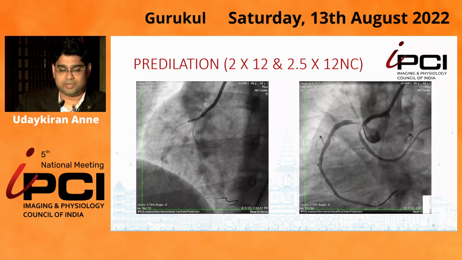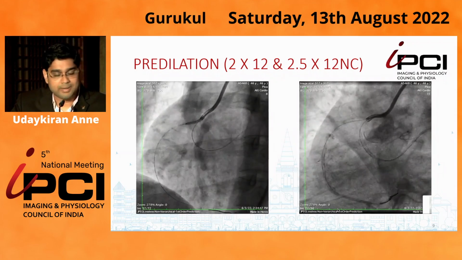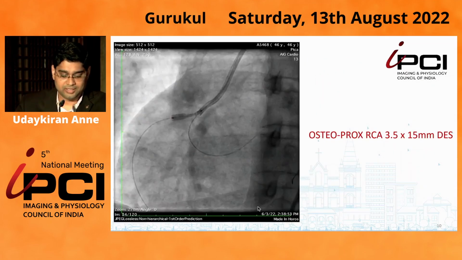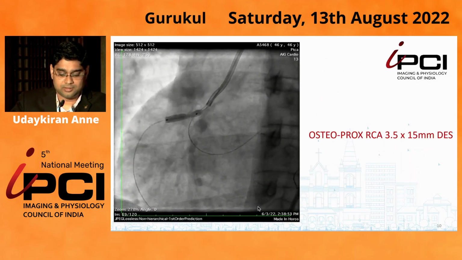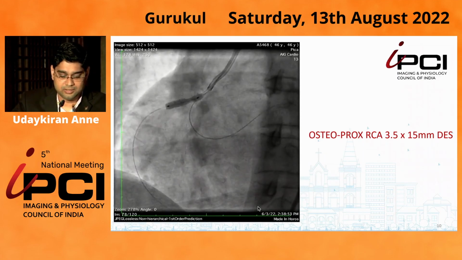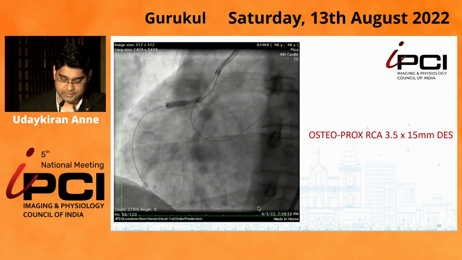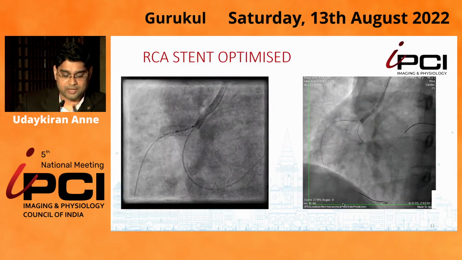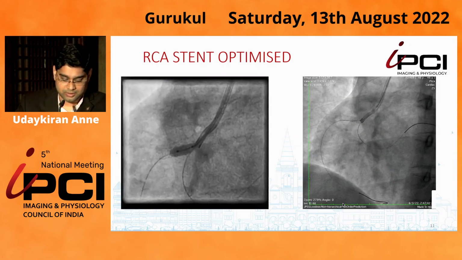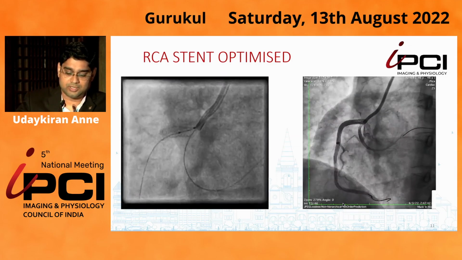So we went ahead with a 3.5 by 15 mm DES in the ostioproximal RCA with minimal protrusion outside. Then we optimized the RCA stent with a 3.5 balloon only. And this was the result.